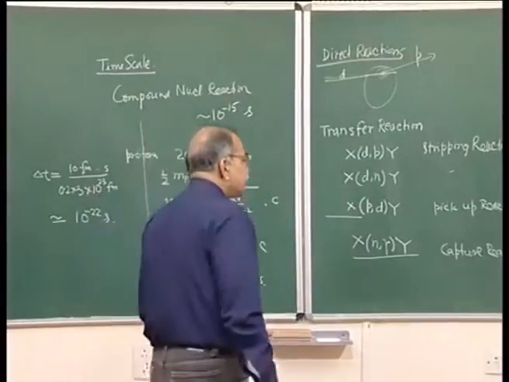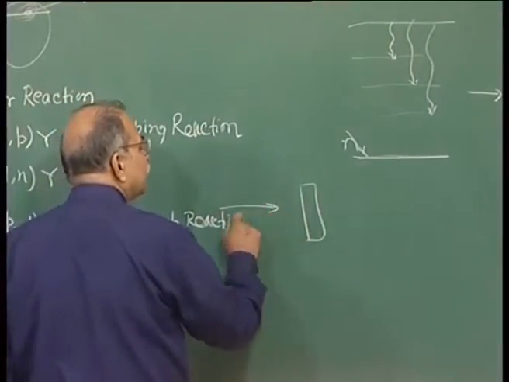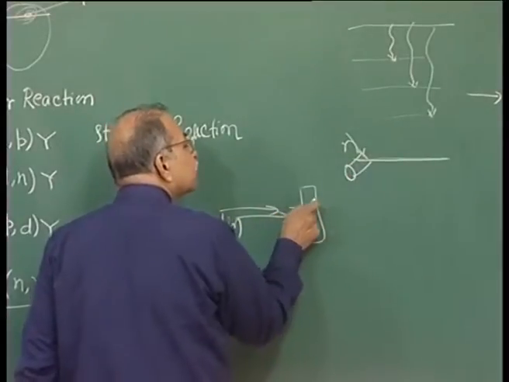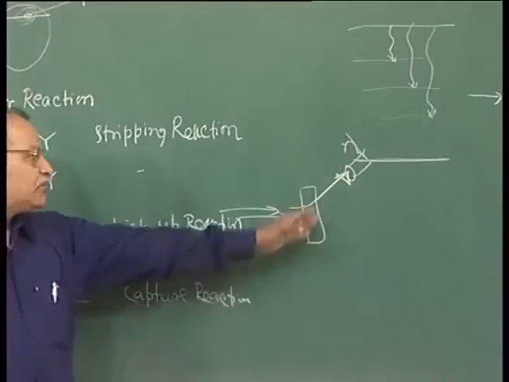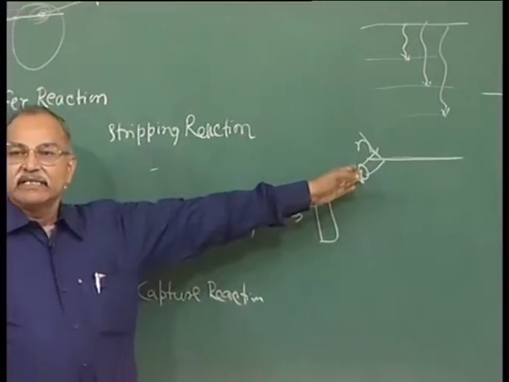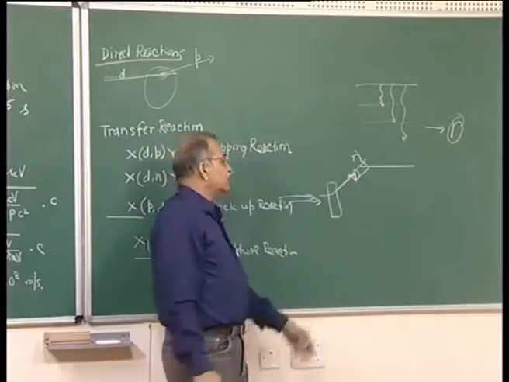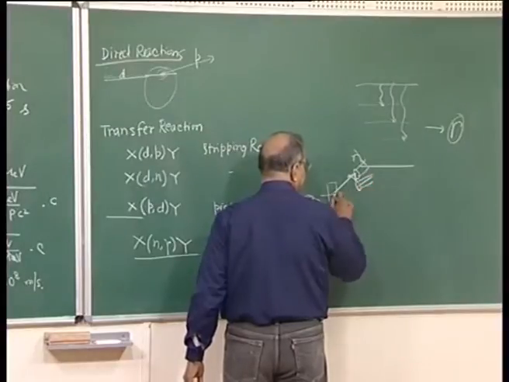That means, if this is the target and your beam is coming like this, and you put the detector here to look at the particles in this direction, how many particles are coming in this direction? You can put the detector at different angles theta.